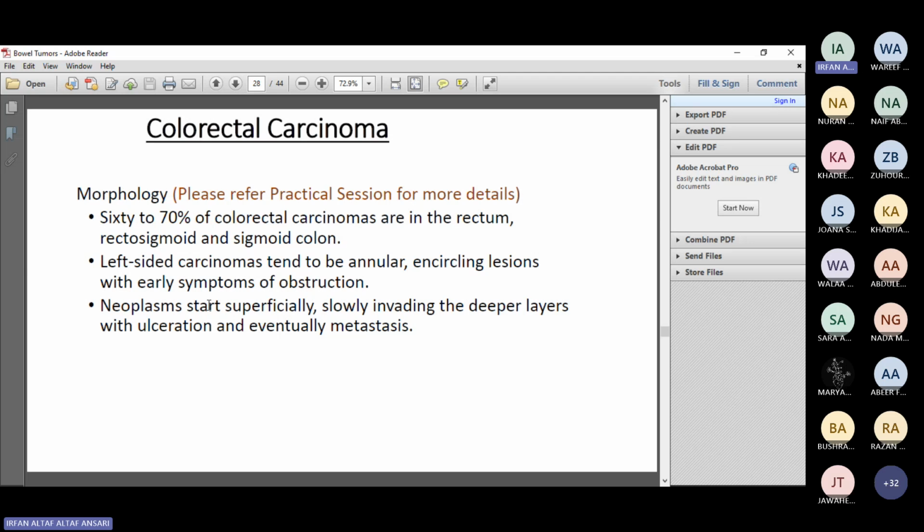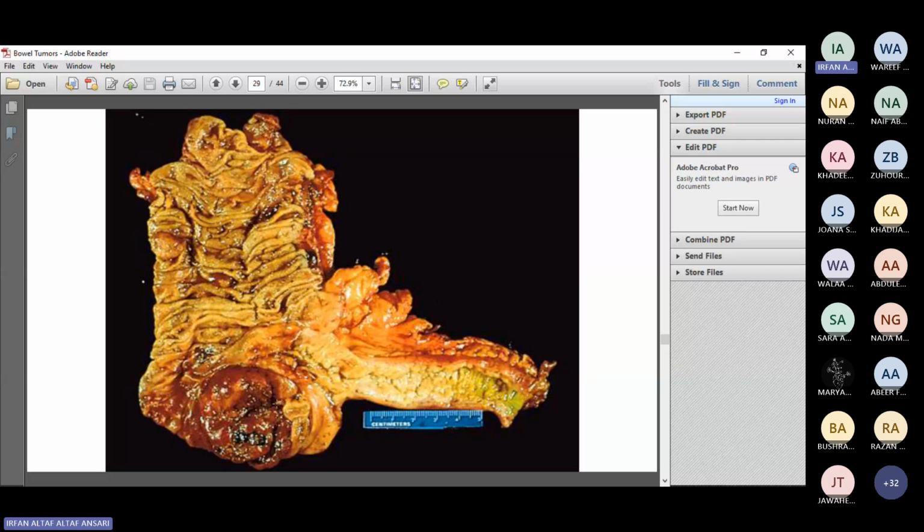Neoplasm always starts superficially in the mucosa, slowly invades the deeper layers with ulceration, and eventually goes outside the colon to different organs like liver, lymph nodes, bone, brain and so on. Okay, so this is an ulcerating mass.